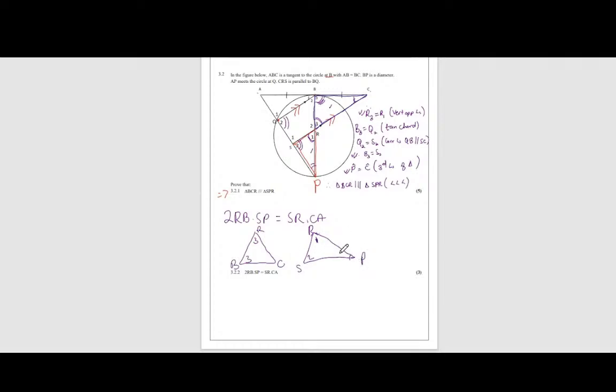Okay, then I can do the comparison of the sides. So I'm saying if I get my BC and divide it by my SP using corresponding sides, it will be the same as someone getting BR and then dividing it by SR. So this length and this length, this one with that one.